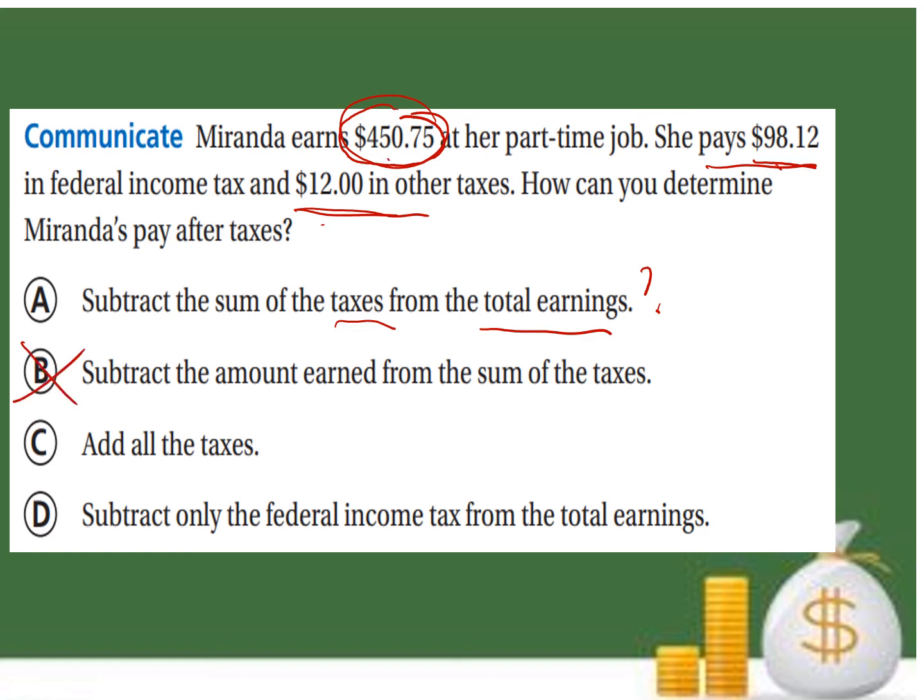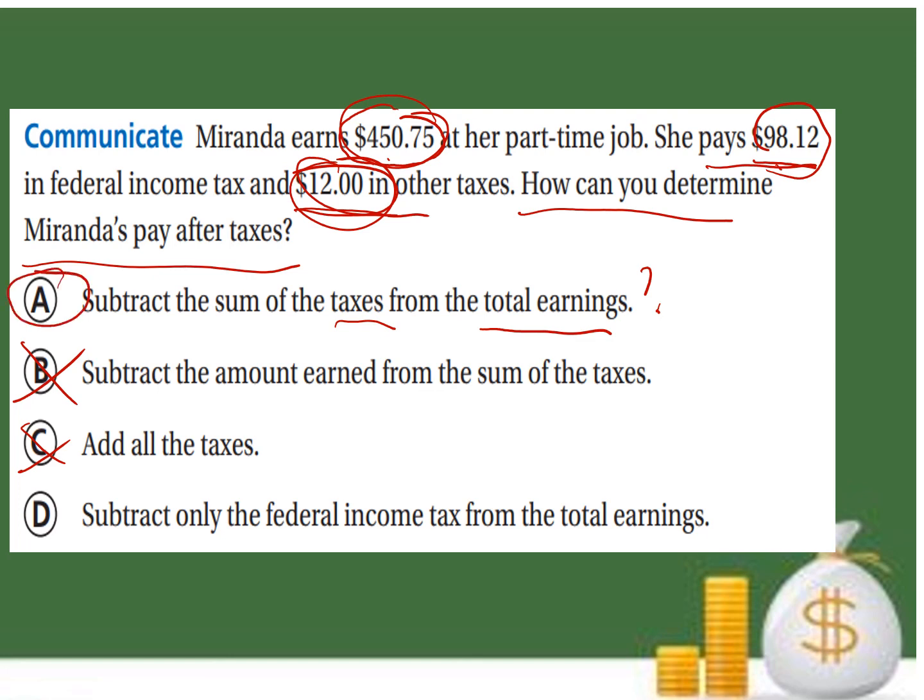Add all the taxes. If I add these, that just tells me how much she paid in taxes, not how much she earned after taxes. Subtract only the federal income tax from the total earnings. Well, that's not true because she also paid other taxes. So the best answer is A.